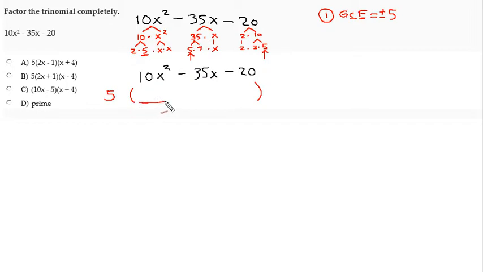Now the GCF is going to be factored out of 3 terms. We want the first coefficient of the first term of this remaining polynomial to be positive. We want the first term to be positive. So we're trying to make the GCF, the 5, times this first term make this 10x squared come back.